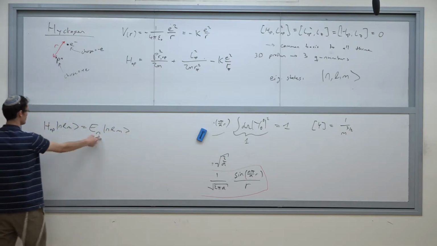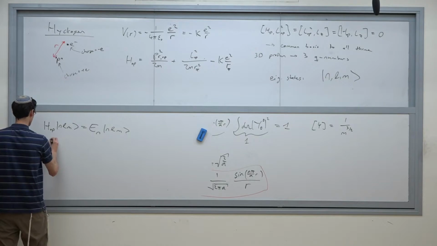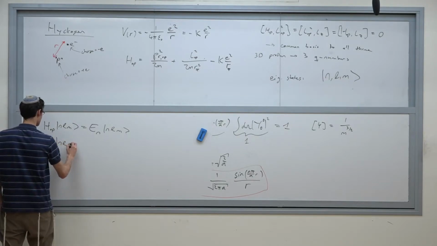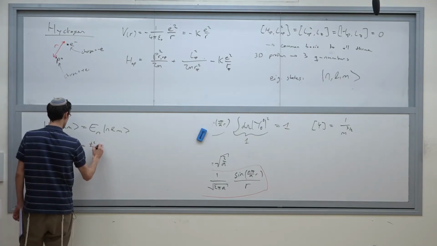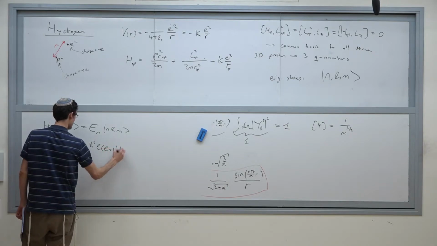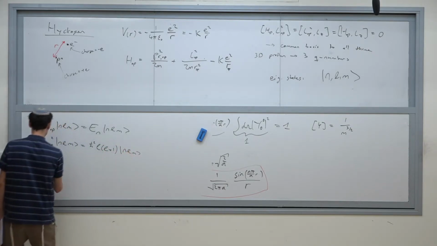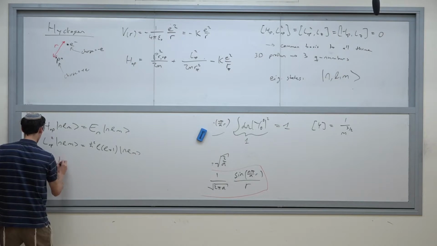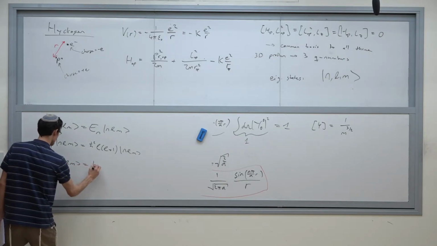So the H operator takes out the energy. The L squared operator takes out h bar squared l(l+1). And the Lz operator takes out h bar times m.